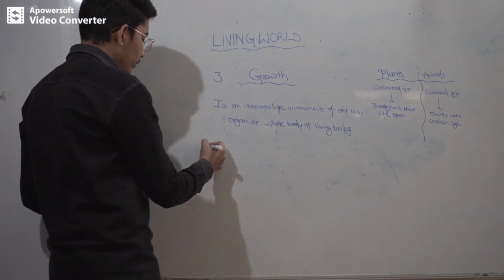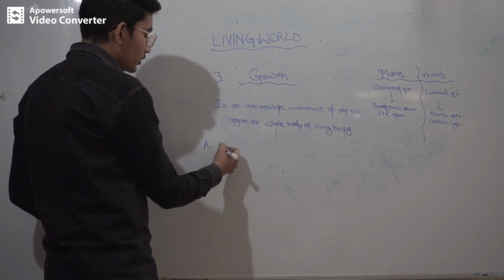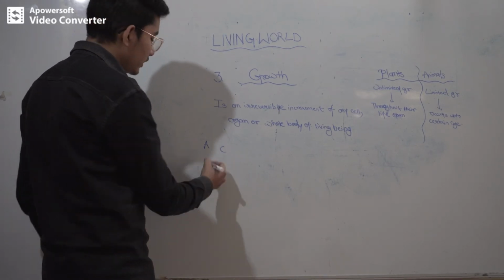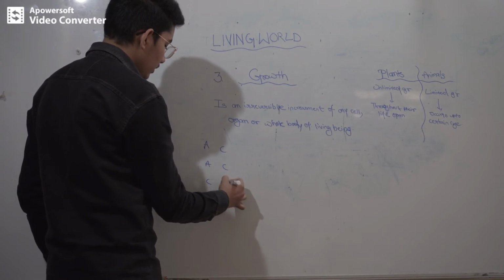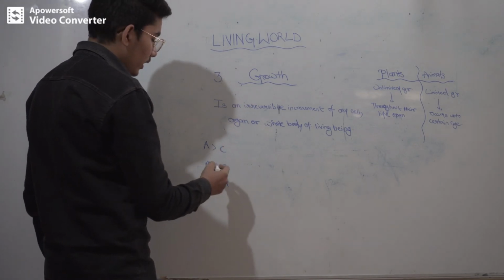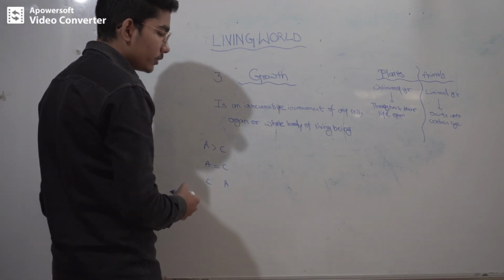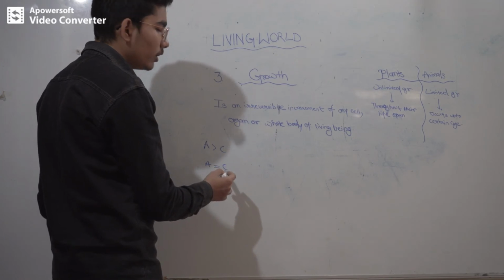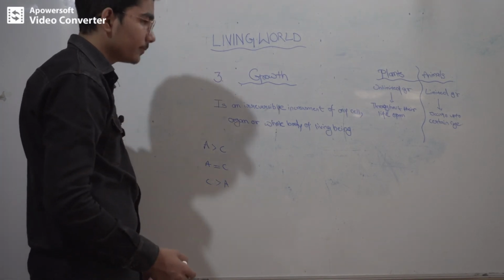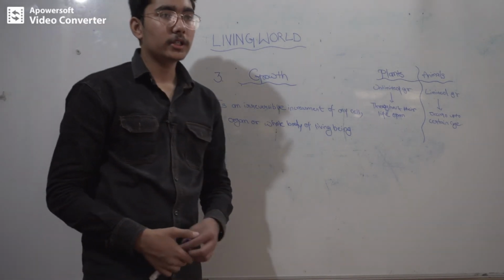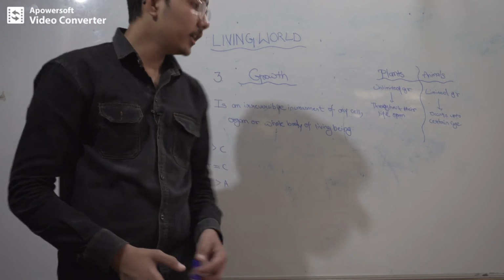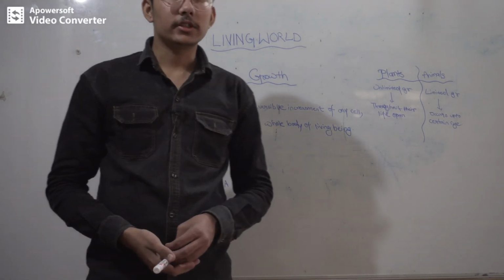Here I denote anabolism as A and catabolism as C. As you all know, there are only three possible conditions: anabolism can be greater than catabolism, anabolism can be equal to catabolism, and the third, catabolism is greater than anabolism. So as I have told you, anabolism is a synthesizing reaction and catabolism is a breakdown reaction.